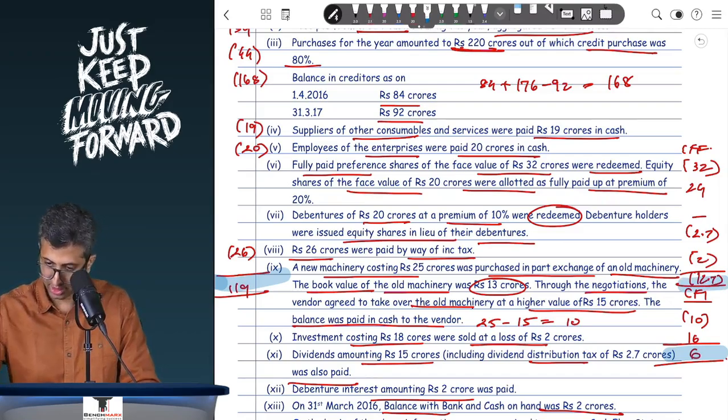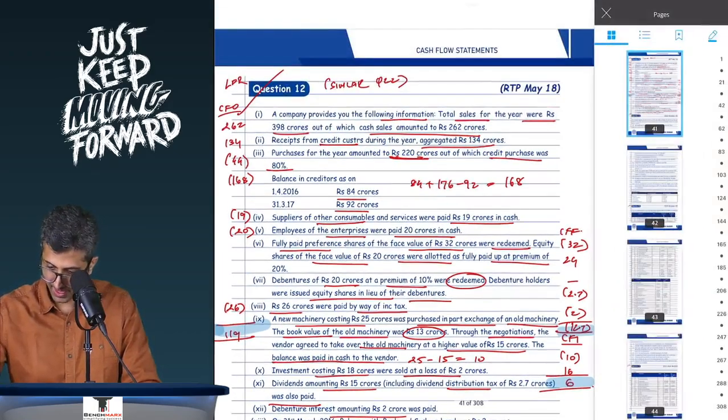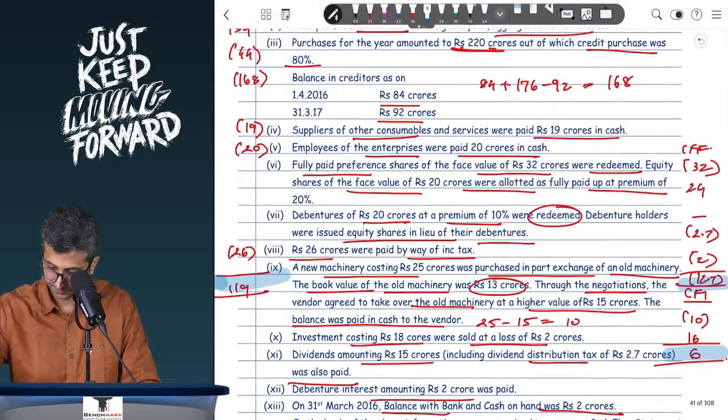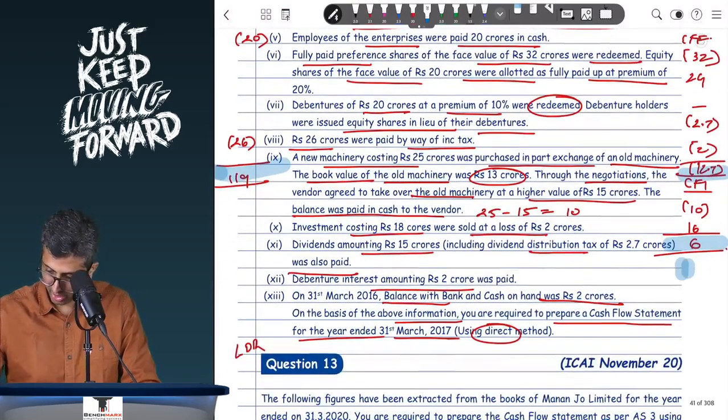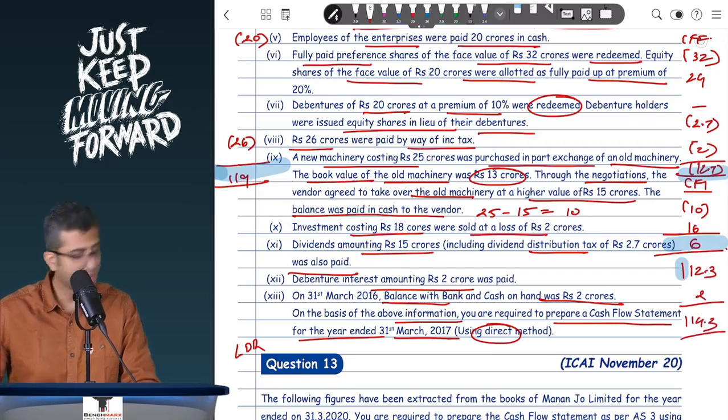So over here, this is what? 112.3, जिसके ऊपर आपका अगर ओपनिंग आप ले लो was around 2 crores. So this is 114.3.